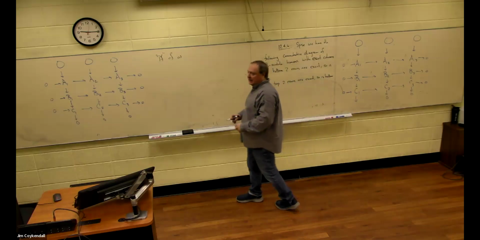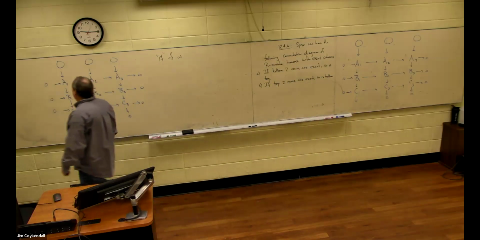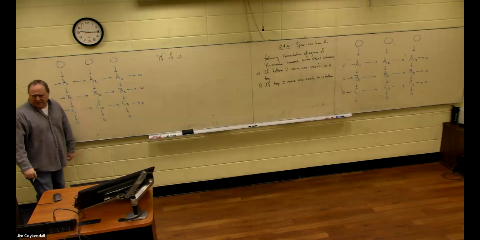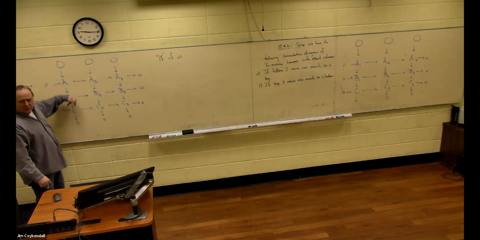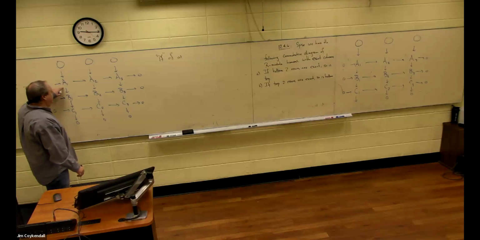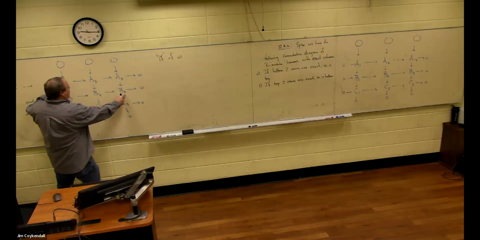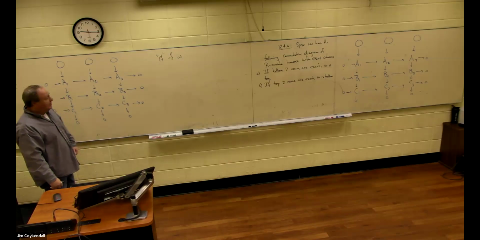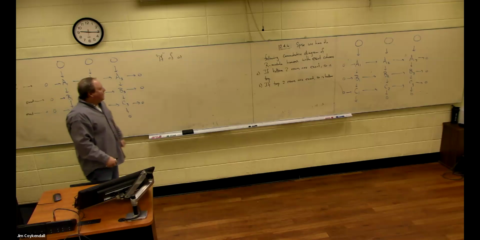We need the top to be exact. And the columns are all exact, right? And the diagram is commutative. That means if I start here, it doesn't matter how I go to here along the arrows I've written, I'll get the same answer. That's the commutative diagram.